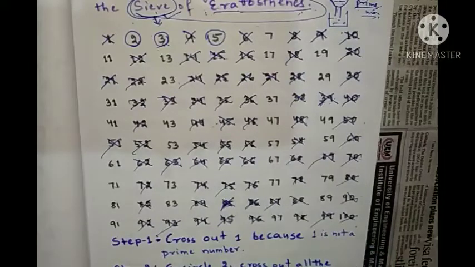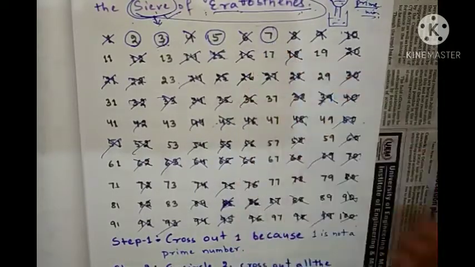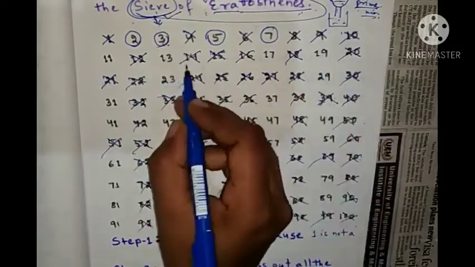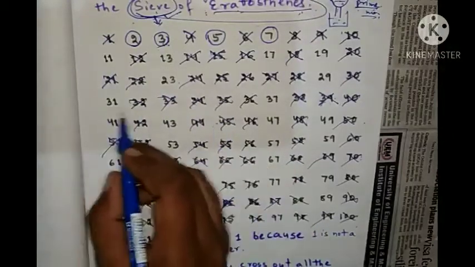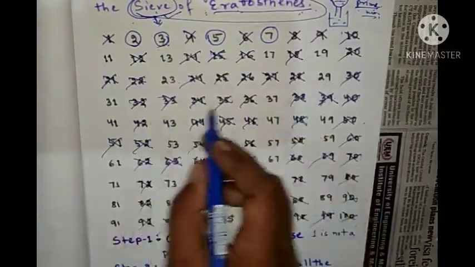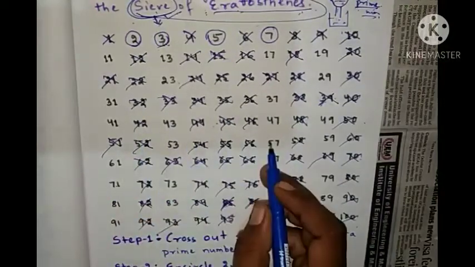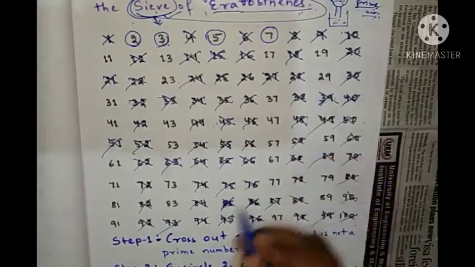Next number is 7. So let's find the multiples of 7. 7 ones are 7, 7 twos are 14, 7 threes are 21, 7 fours are 28, already done, 7 fives are 35, 7 sixes are 42, already done, 7 sevens are 49, already done.